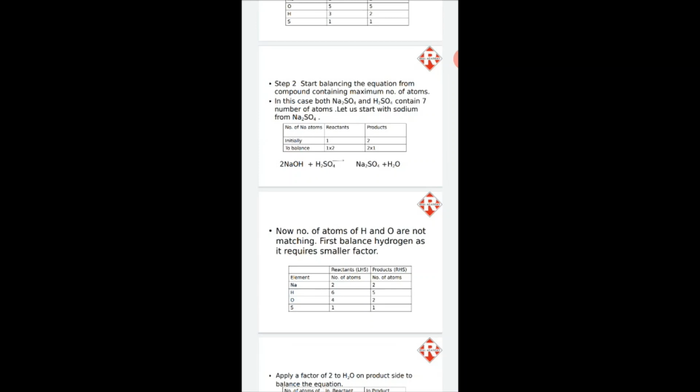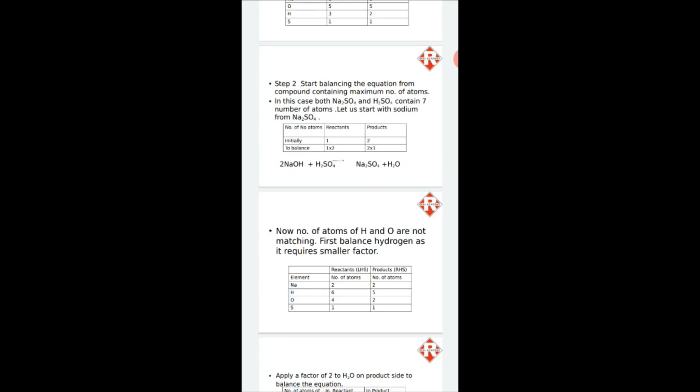So now, especially for the sodium atom, we concentrate on that. We make a table containing the same 3 columns, number of sodium atoms. One by one we go through the elements. So first we focus on the number of sodium atoms, reactant and product.